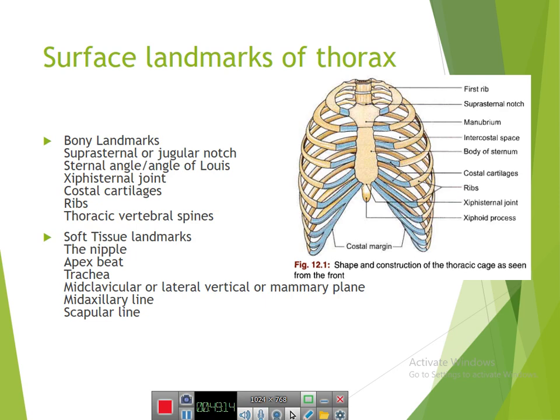The xiphisternal joint may be felt as a short transverse ridge. As you can see here, this is the xiphisternal joint. It's a transverse line between the lower part of the body of the sternum and the xiphoid process.